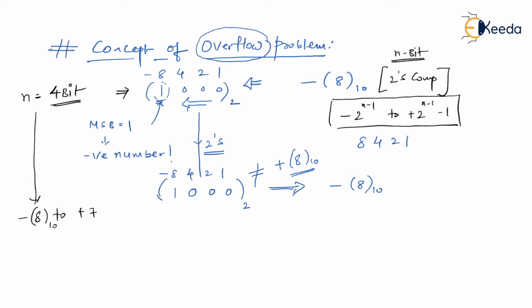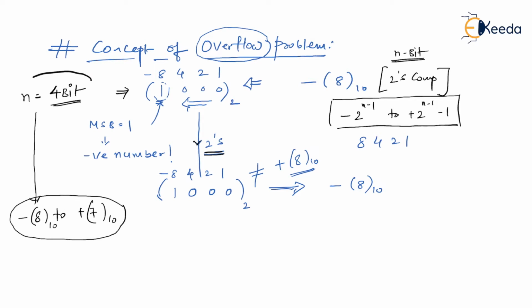So minus 8 to the base 10 is the maximum negative number you can represent, and positive 7 to the base 10 is the maximum positive number that you can show by using 4 bits. But what you are trying to do is, by taking 2's complement of minus 8, you are trying to represent positive 8. Check it out. Do you think that even positive 8 fits into the range?